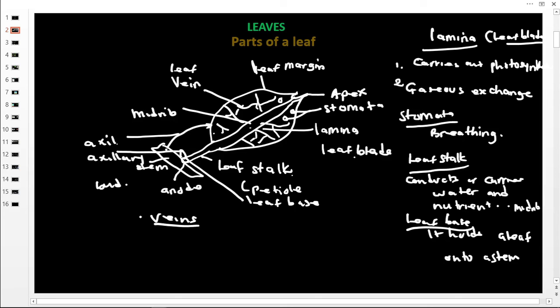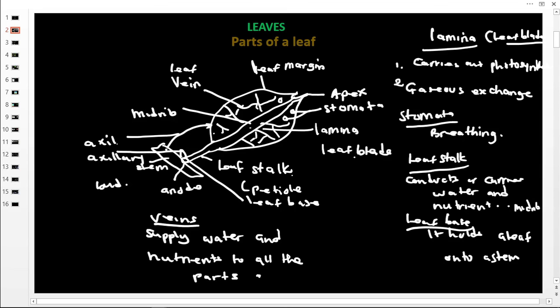So the leaf veins supply water and nutrients to all the parts of a leaf.